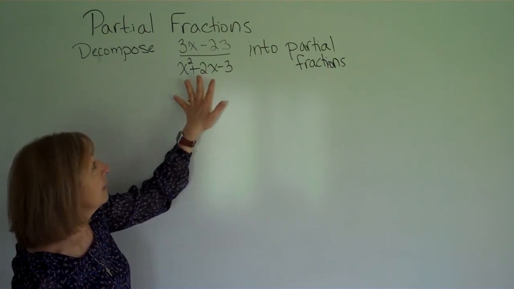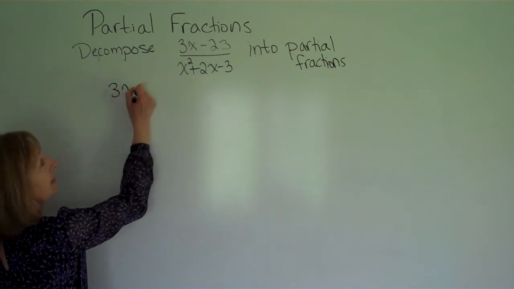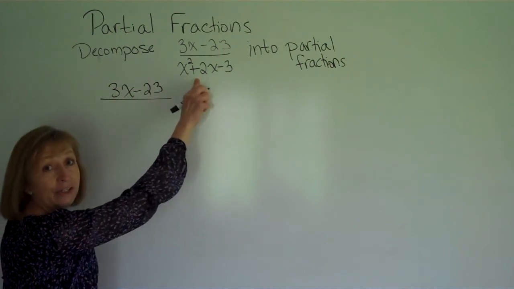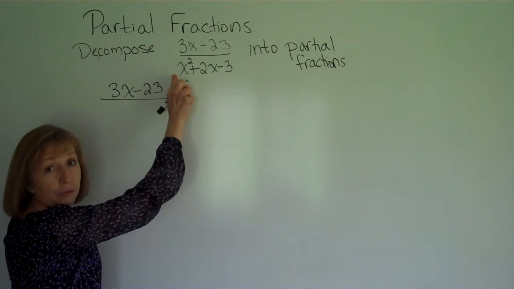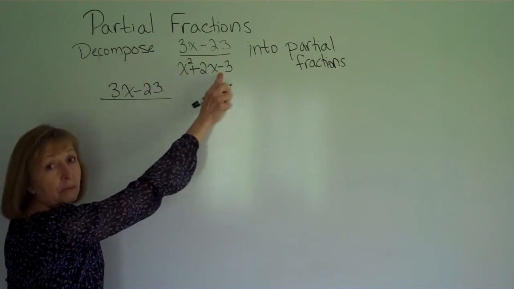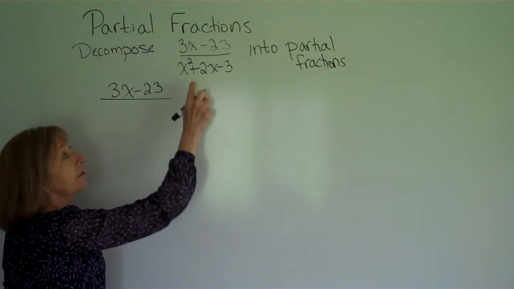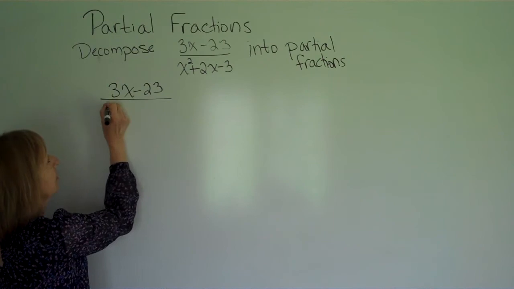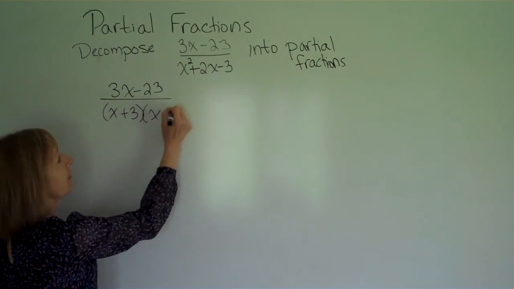So getting started, it's 3x minus 23 over the factorization of x squared plus 2x minus 3. Well, the leading coefficient's 1, and the factors that multiply together to make negative 3, who when you add them together get positive 2, are positive 3 and negative 1. So this is x plus 3 times x minus 1.